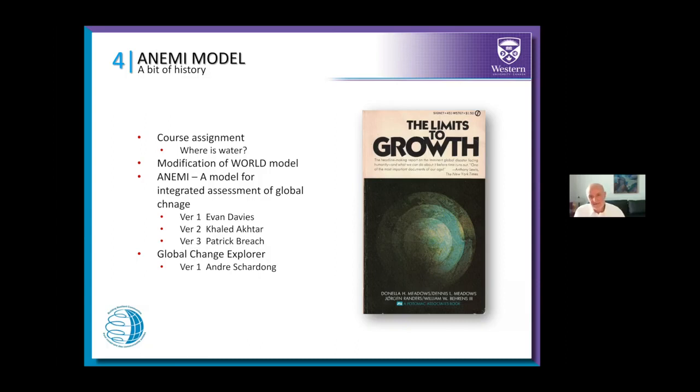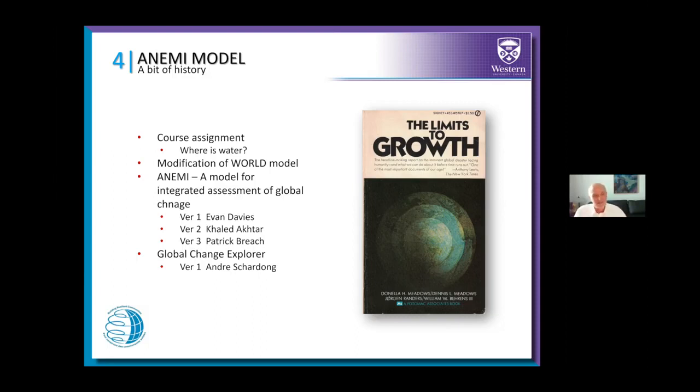That work ended up with a book, The Limits to Growth. You see the book on the right-hand side. The book, I think, reached approximately 32 million copies. It was translated into about 30, 40 languages. And it was probably one of the scientific books that reached maximum popularity.